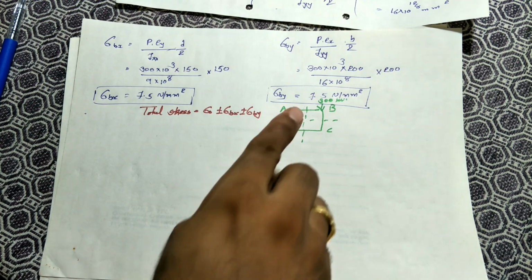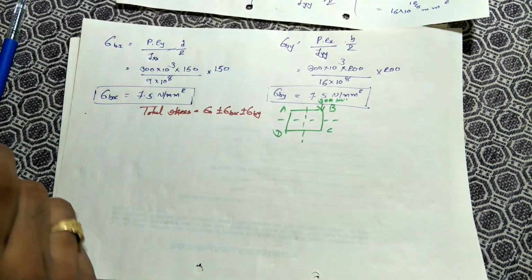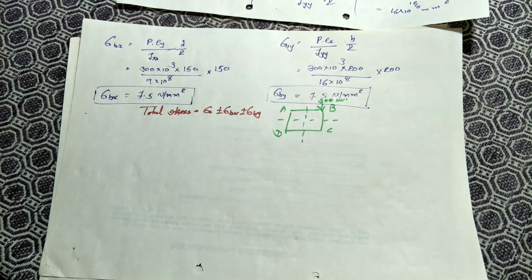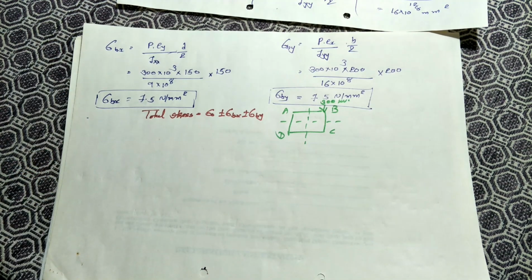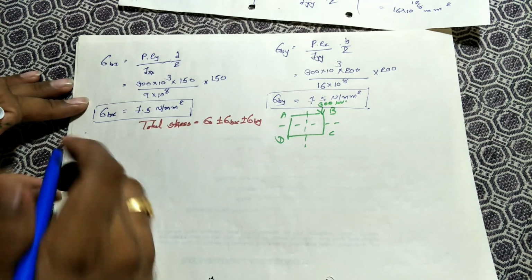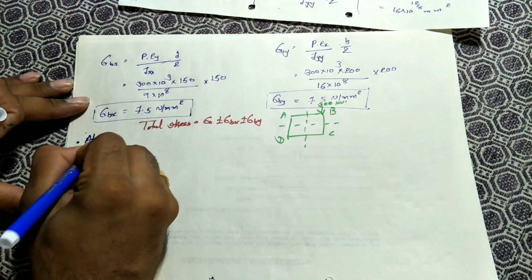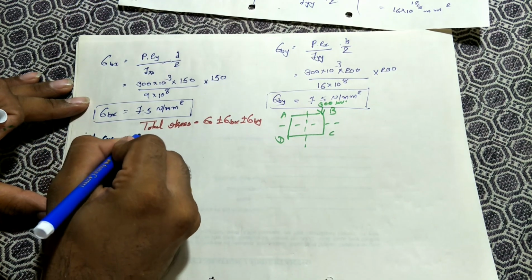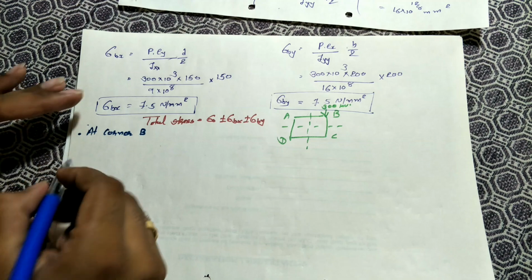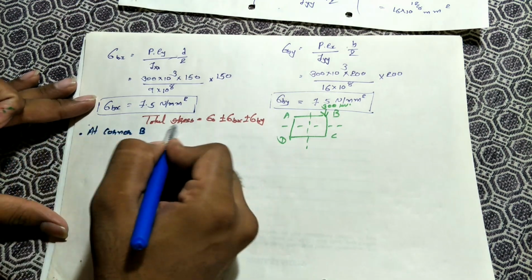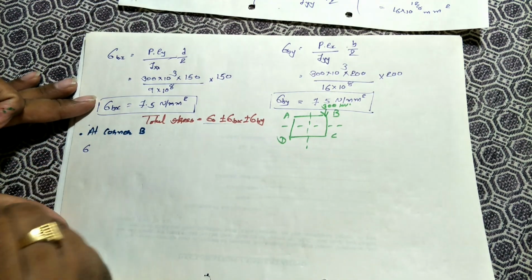Let us try first for corner B. At corner B, let us write the final equation.